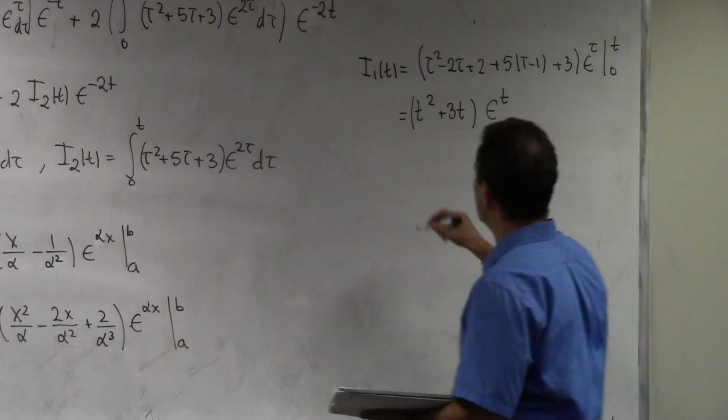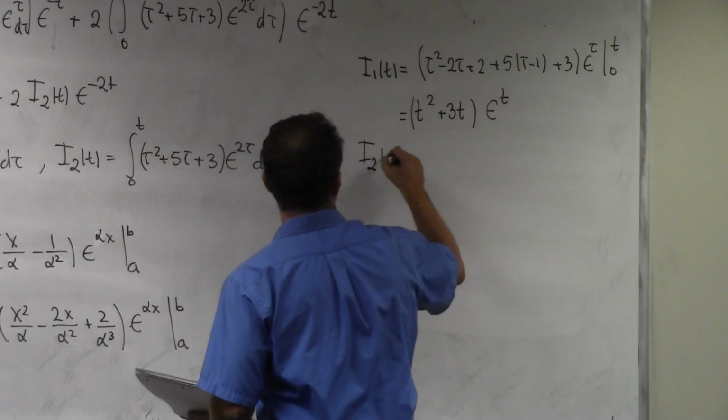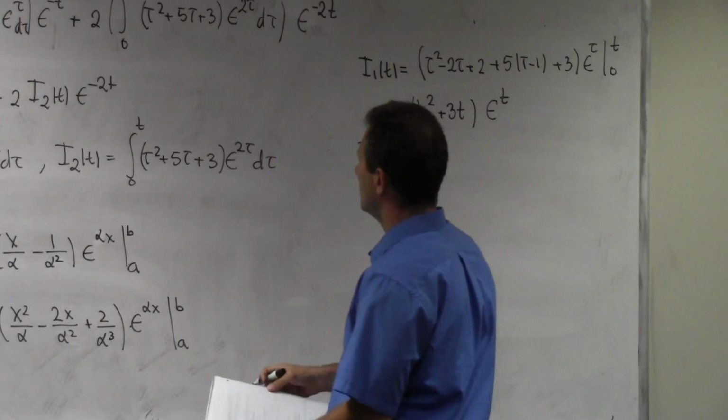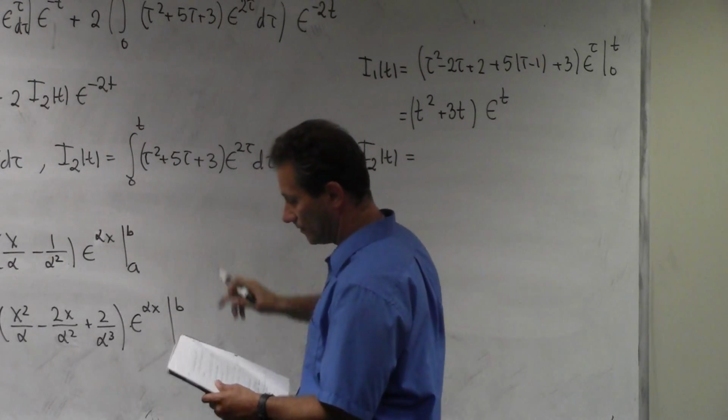First integral. And then I2 of t is using the same formulas, but now your alpha is equal to 2.